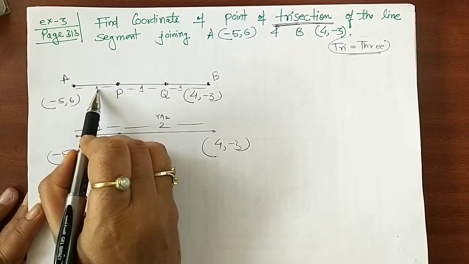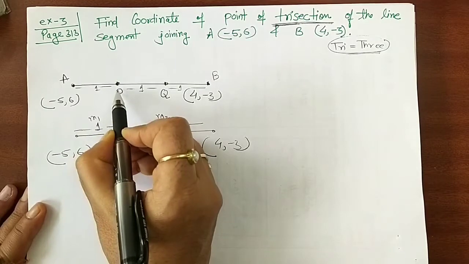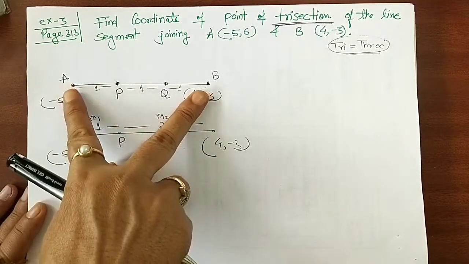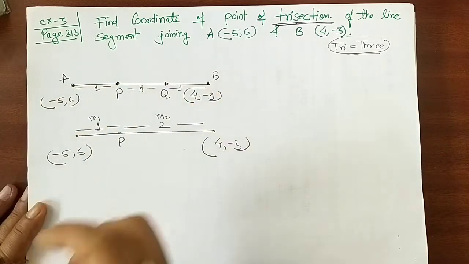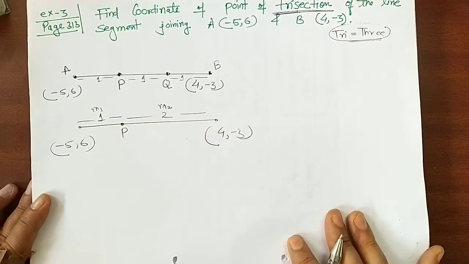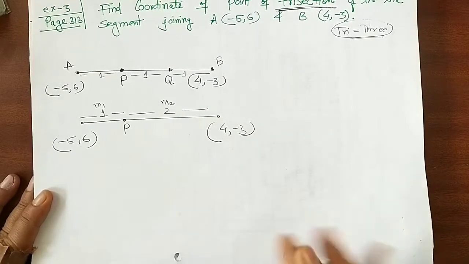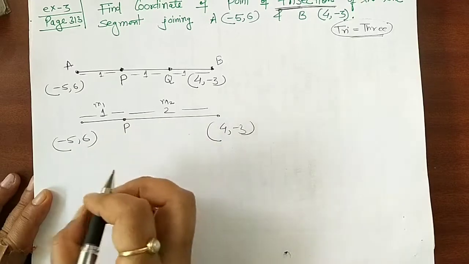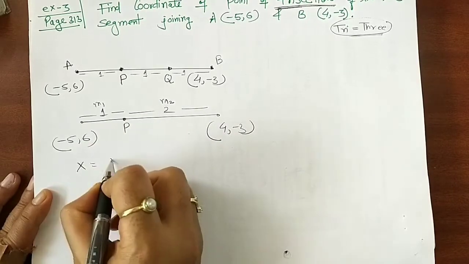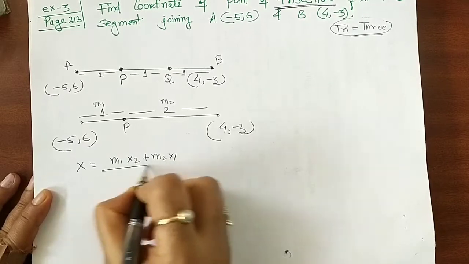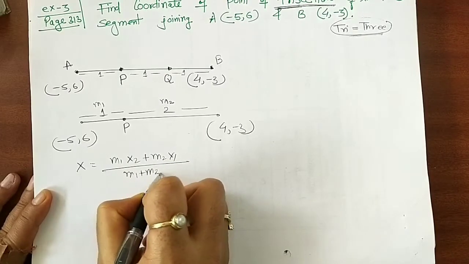But if I have to find P, that means that point is dividing the whole line in the ratio 1:2. Here this is 1 and this is 2. So point P is dividing in the ratio 1:2. What will be the formula? (m1 x2 plus m2 x1) by (m1 plus m2).